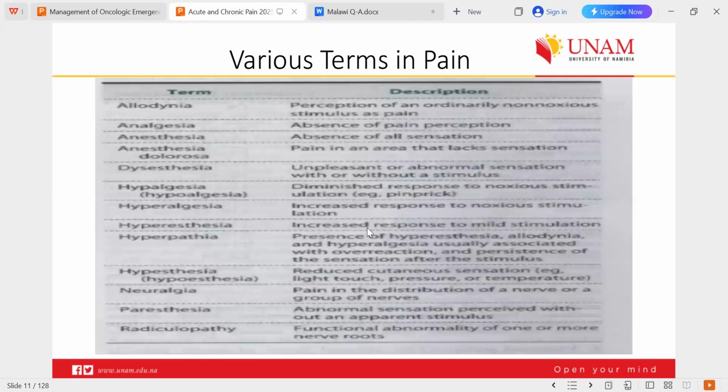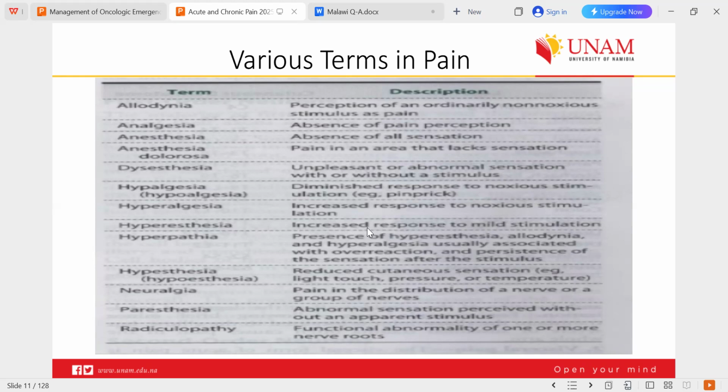There are various terms that are used in describing pain. Allodynia is when a patient feels pain from an ordinary non-noxious stimulus. Analgesia is when there's no pain, absence of pain perception. Anesthesia refers to absence of all sensations.